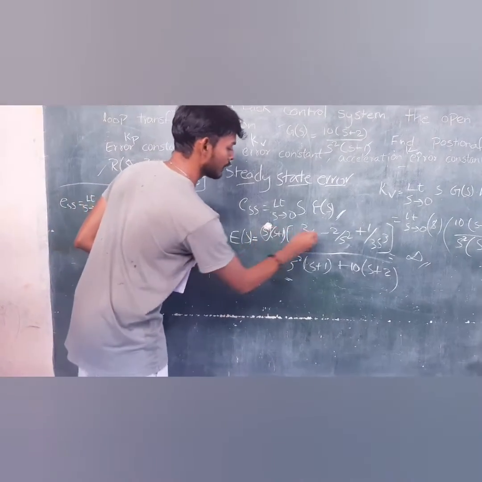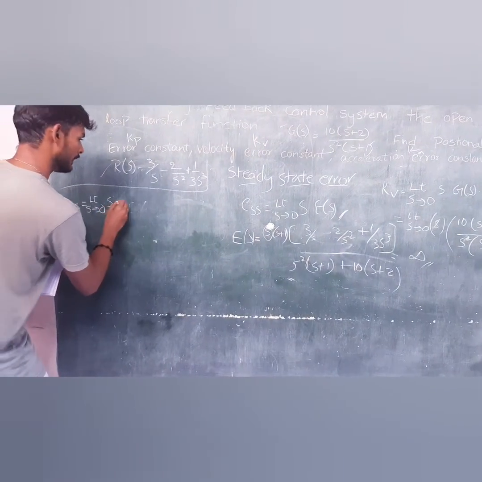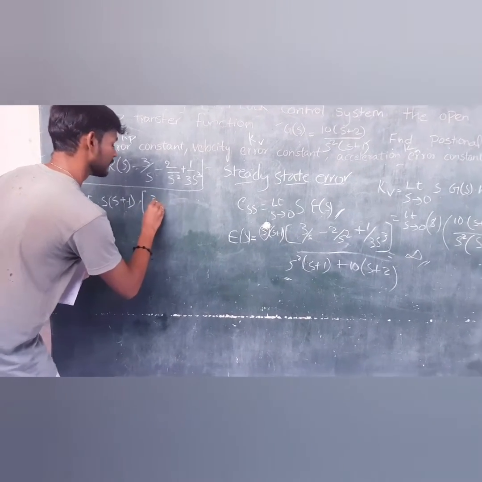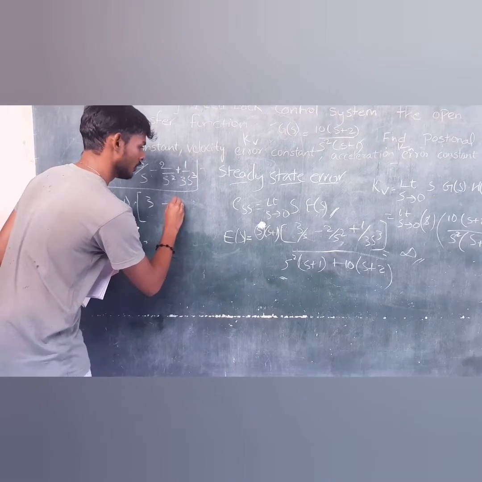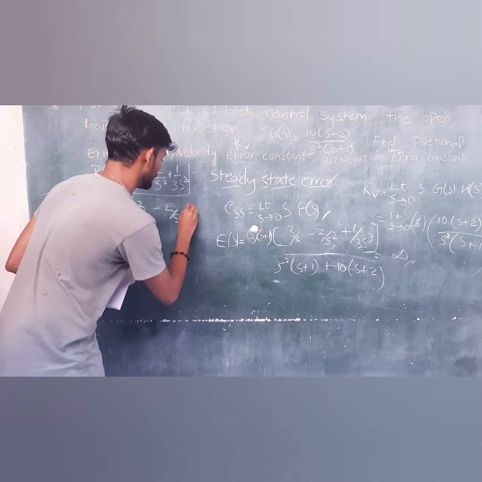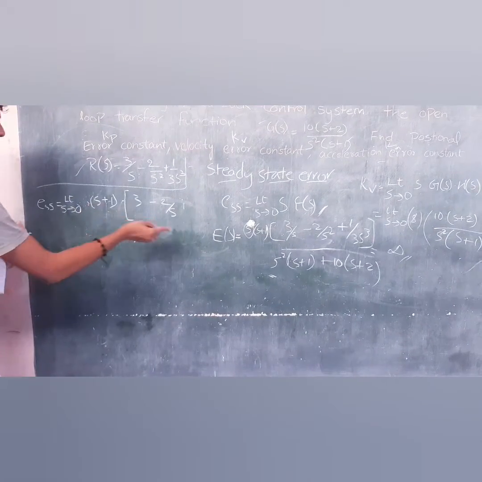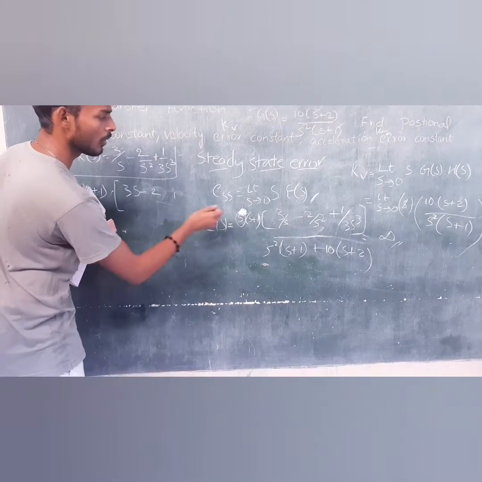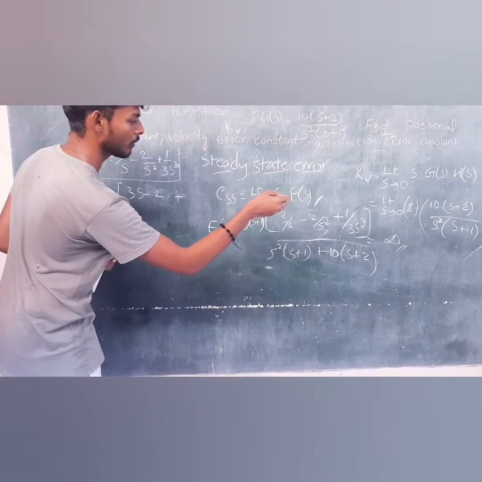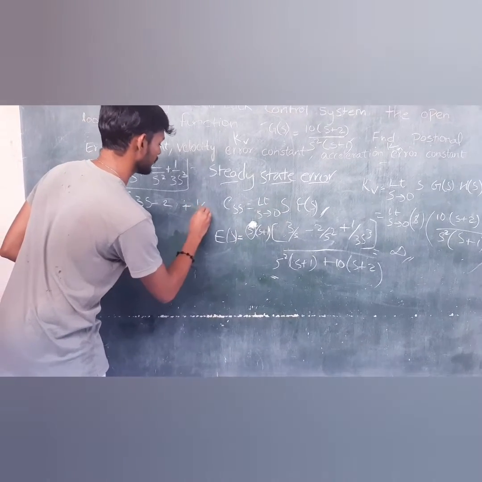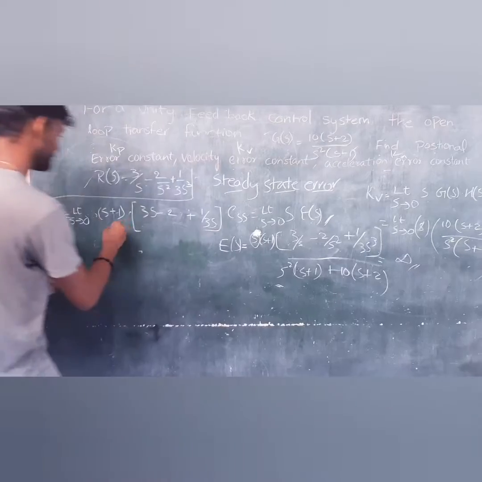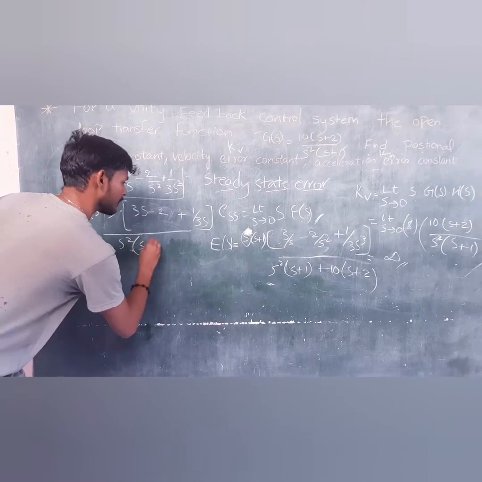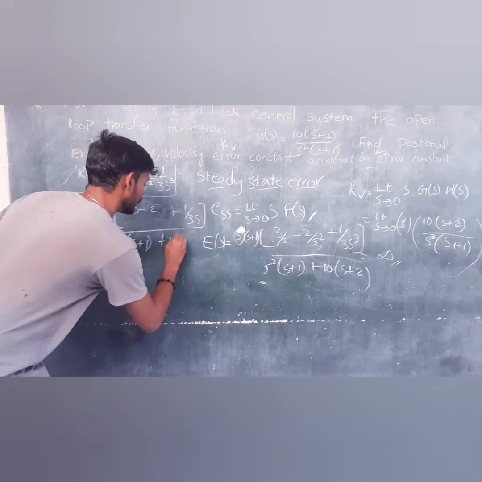This s we are taking inside, then it will be s(s + 1) times (3 - 2/s + ...), or we can take the s inside directly, so it will be 3s, then 2, plus s³, with s² cancelled, and 1/(3s). And s²(s + 1) plus 10(s + 2).